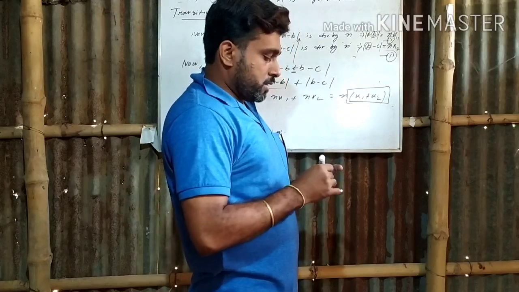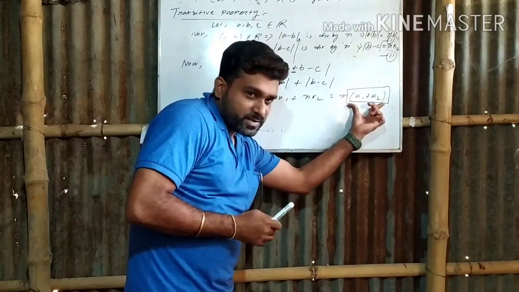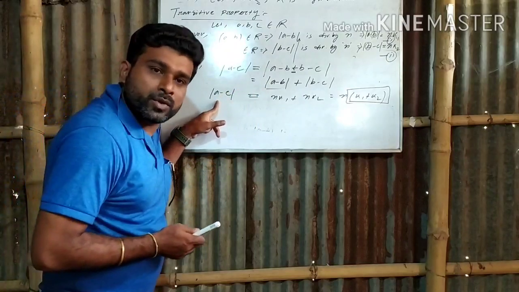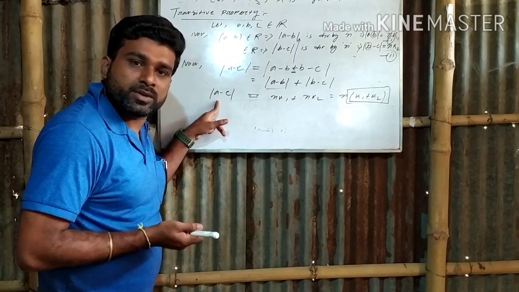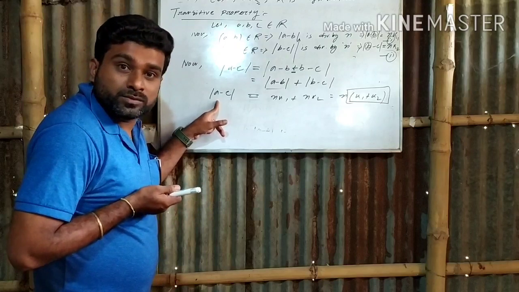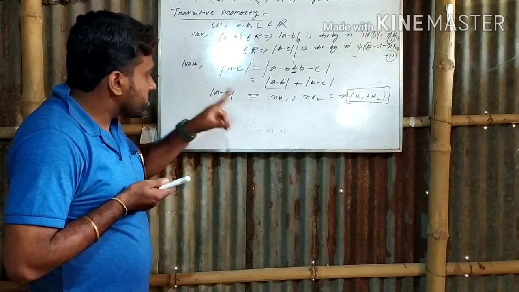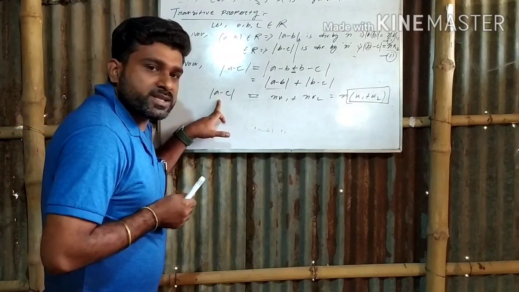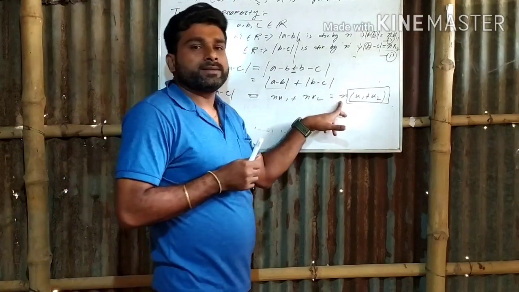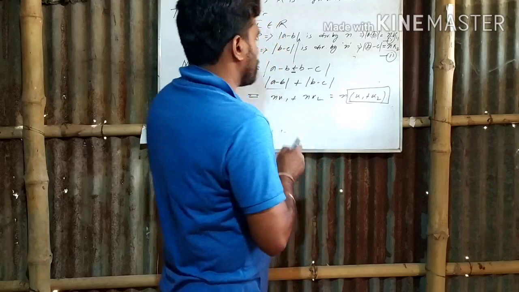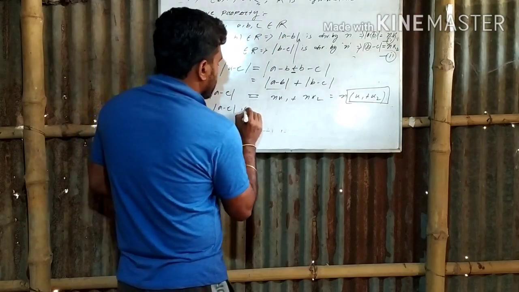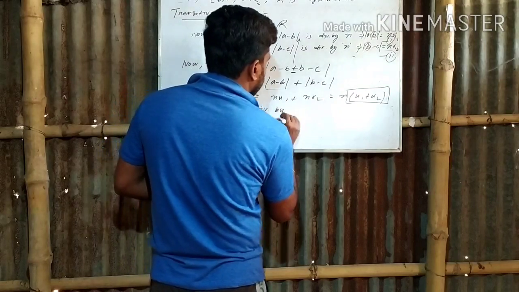That means if you multiply something with n, the answer is mod of A minus C. This shows that mod of A minus C is divisible by n also. So you have to write the final statement: mod of A minus C is divisible by n.